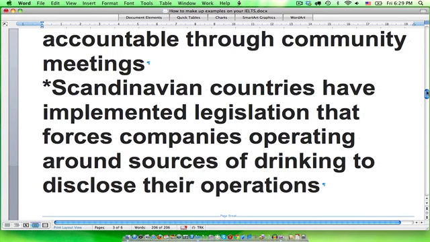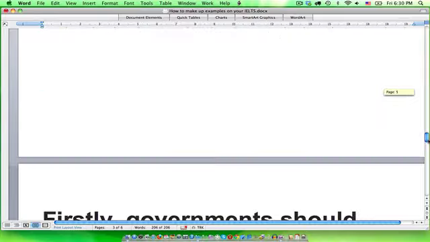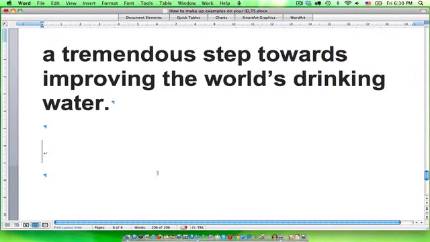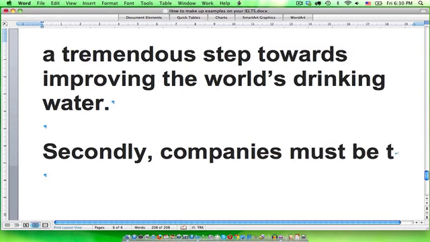Okay, so let's see. We might want to use a word like transparent. Transparent is a good way of describing making something easy for everyone to see. Accountable is a great word too. We're going to include these here somehow. So secondly, companies must be transparent, or made transparent, but transparent is fine too.